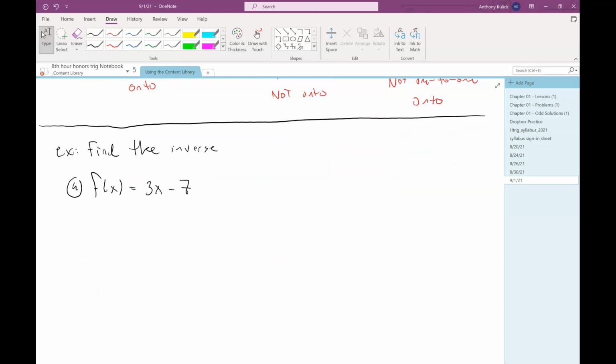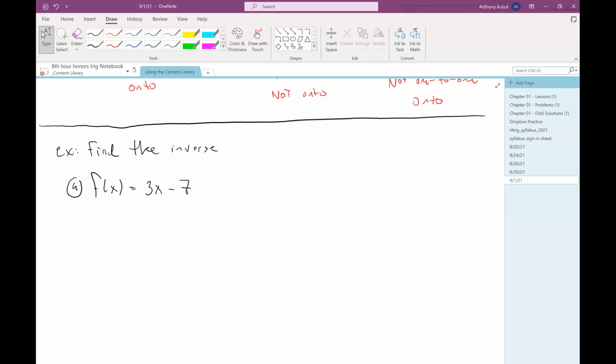So here's a function, and we're asked for its inverse, and we're given an equation. Now the process here is going to be a little bit more difficult than what we had with a graph or a mapping diagram or a set of ordered pairs, but not that much more difficult.